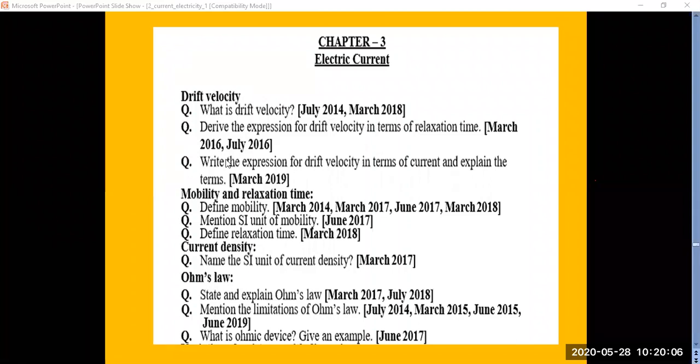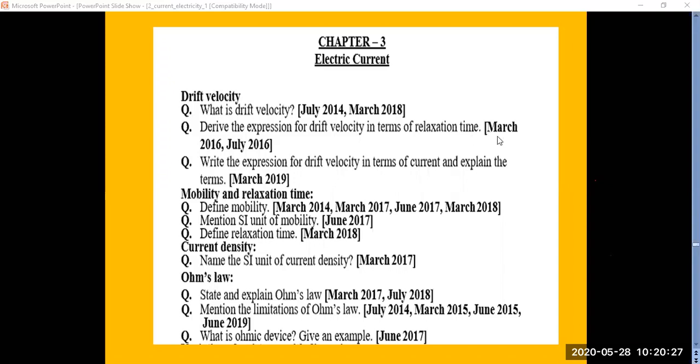So I think you know the answer for drift velocity. The velocity of an electron drifted towards the positive of the potential against the electric field, we call it drift velocity. So you can mark that as important. Second question, derive expression for drift velocity in terms of relaxation time.